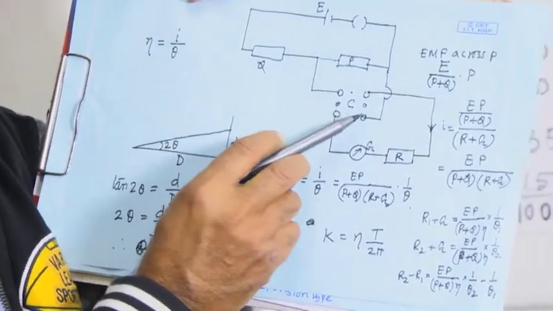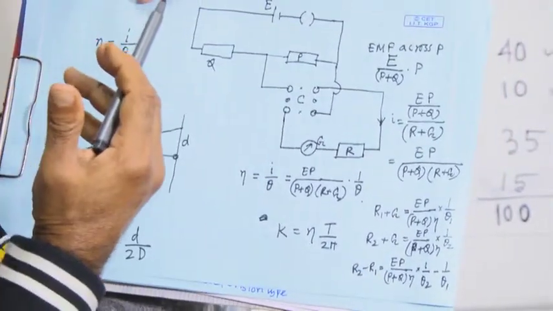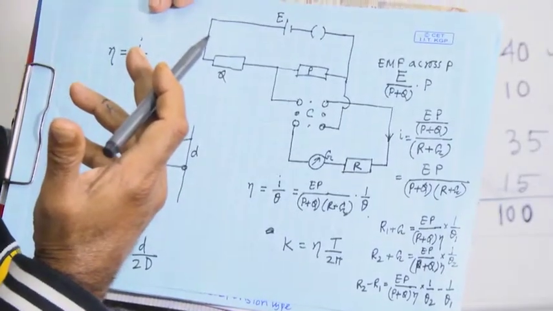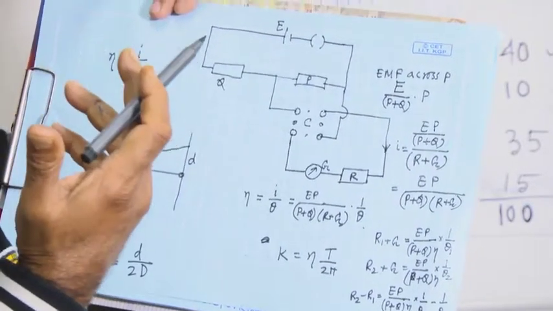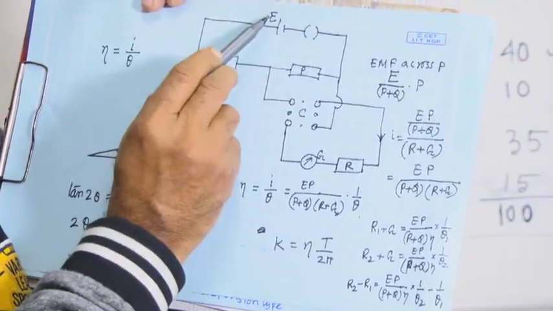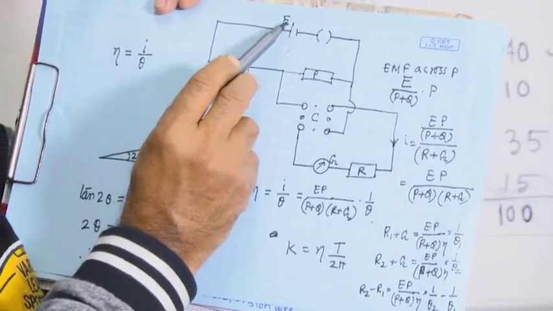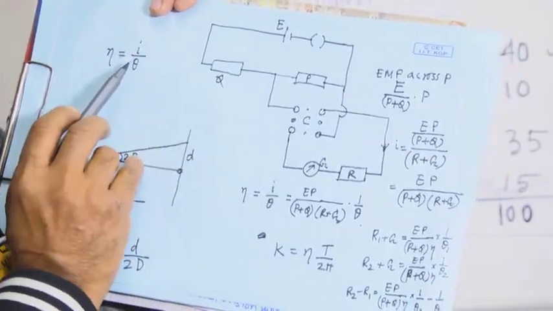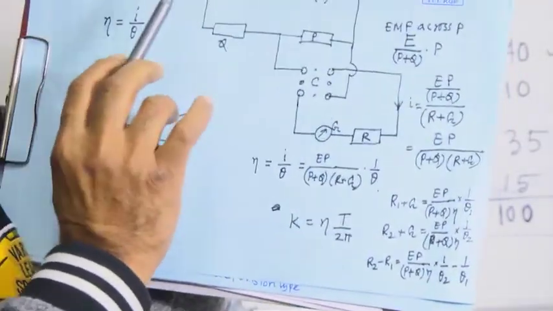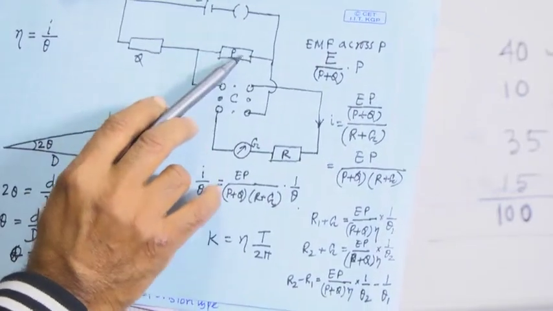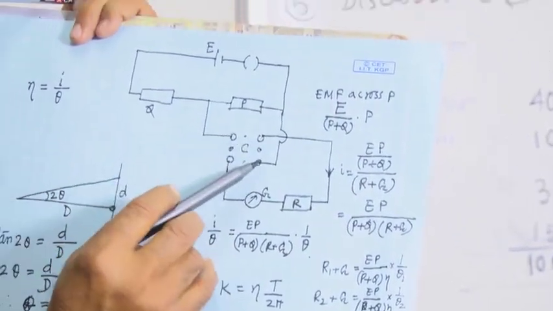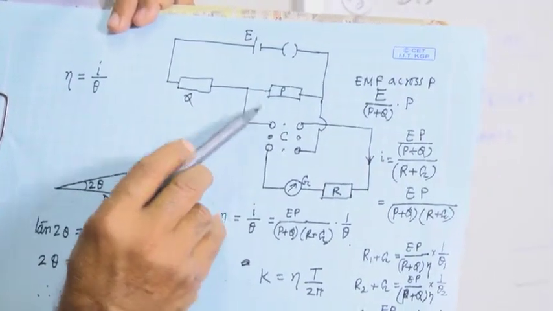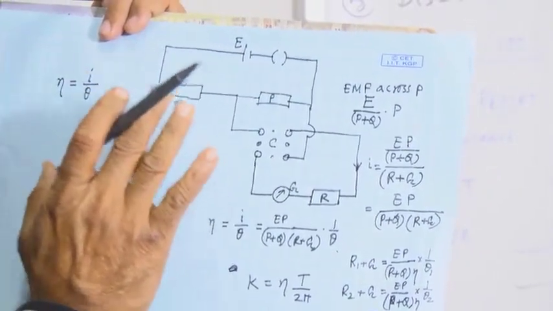Here I have a battery, which has a fixed voltage EMF, E. I am not connecting it directly, but rather I have used a voltage divider. I can choose and vary the voltage between these 2 points, and that is why I have used the voltage divider circuit.